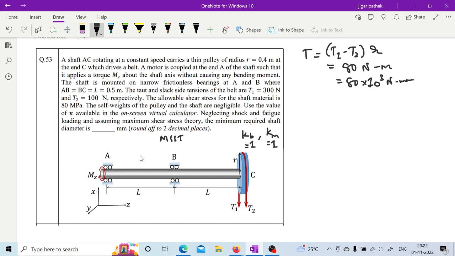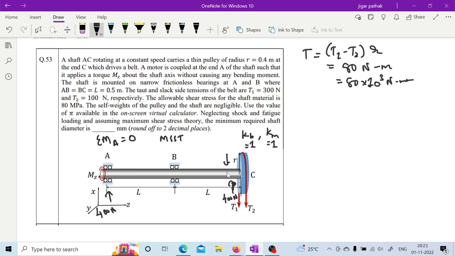But in case of moment, if you consider sigma of moment at A equal to 0, then because of that torque acting, you have this reaction of 400 Newton at both ends. I guess it will be in the opposite direction, so that it can create that couple.